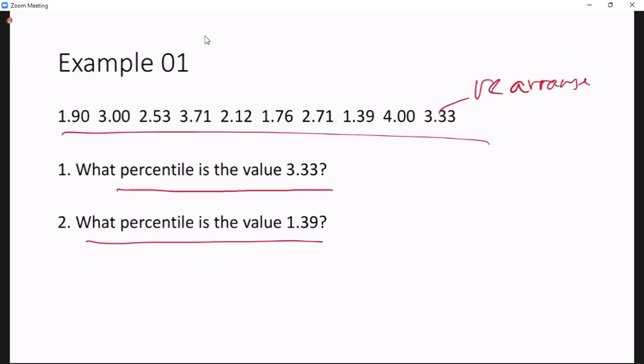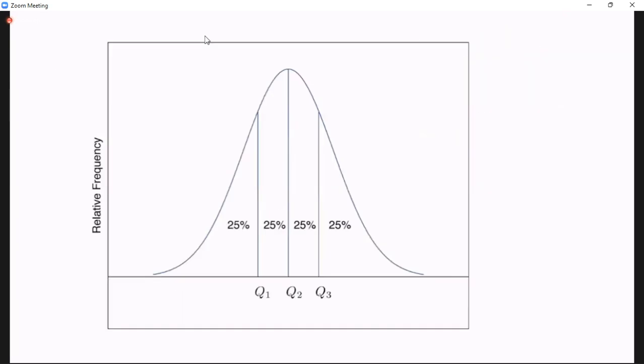Now there's another measure to find the relative position of data, that is quartiles. So I will teach you how to find quartiles here. If we have a distribution or data set, this is called a relative frequency histogram. If we have such a distribution, we know that it's a bell-shaped curve. That means it's normal and it is symmetric about its mean, median, and mode.